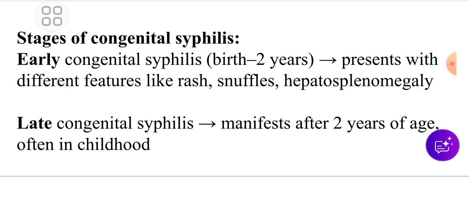Here the baby presents with different features like rash, snuffles, hepatosplenomegaly. I will describe snuffles later. Late congenital syphilis: the disease manifests after 2 years of age, often in childhood.